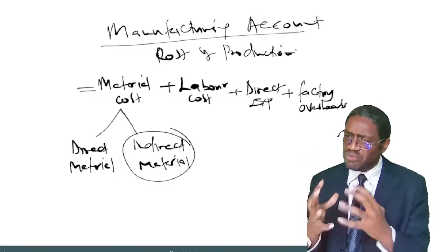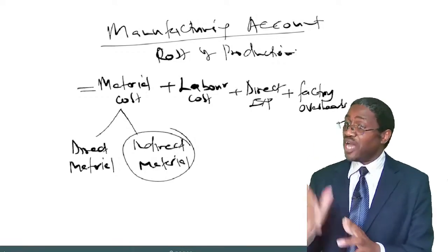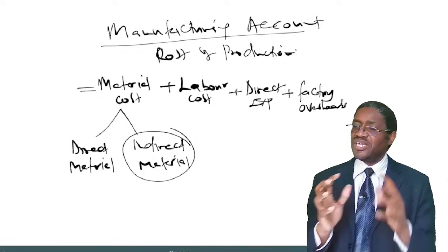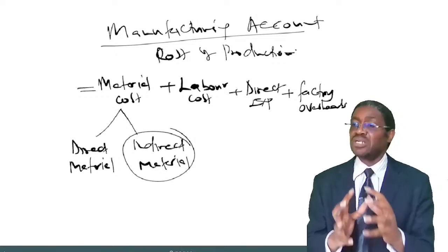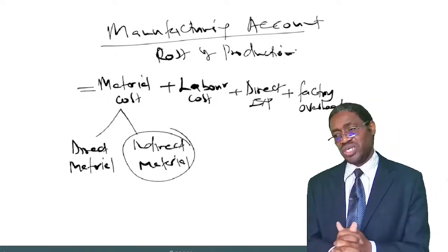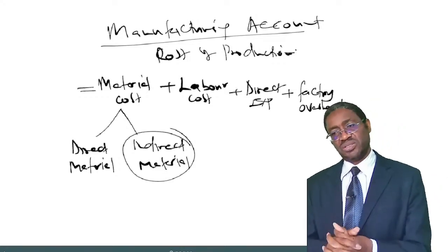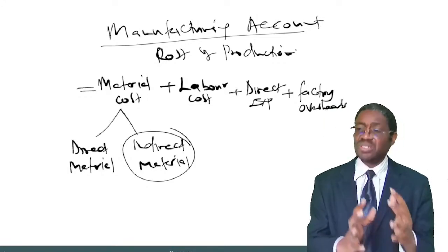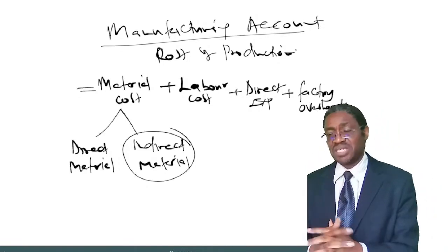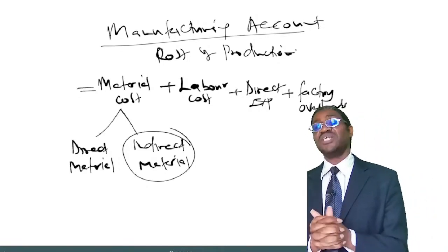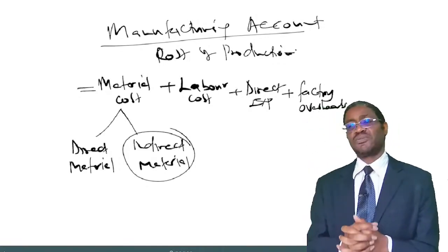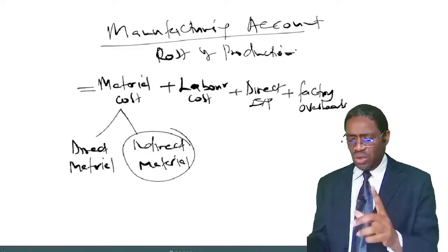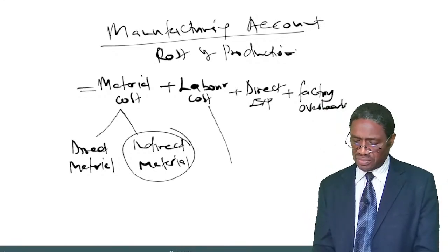So the cost of such materials, listen, is what we call indirect material cost. So we have two types of material cost. We have the direct material cost and we have the indirect material cost. Good. We also talk about labor.